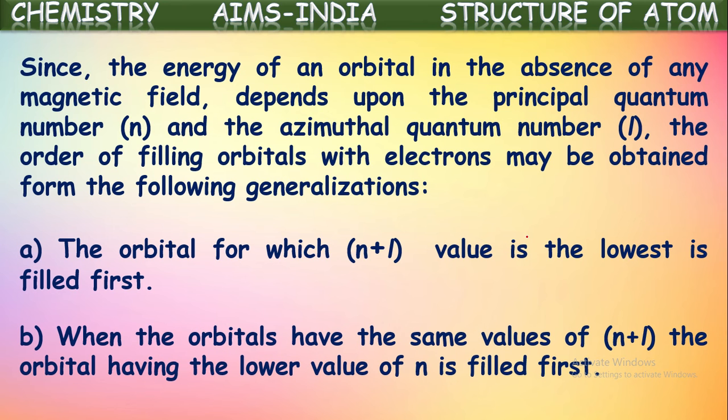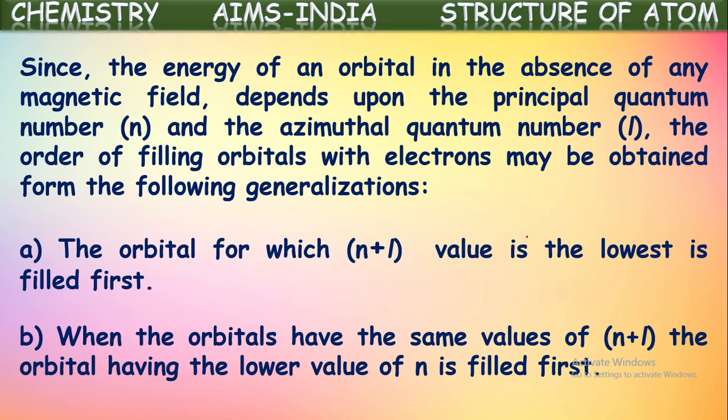If there are two or more orbitals with the same n plus l value, then the orbital with the lower n value will be occupied by electrons first. Okay, in this way, the order of filling of electrons into orbitals can be identified.